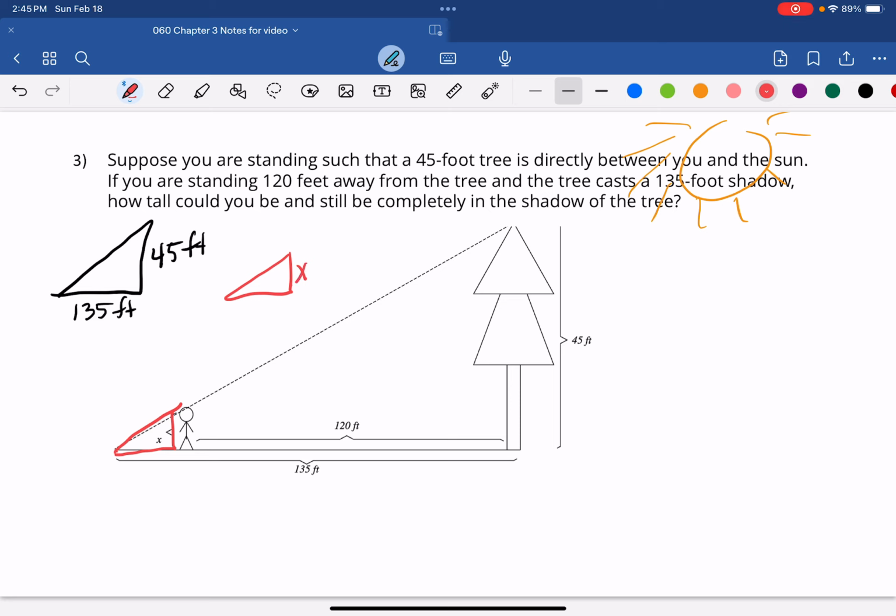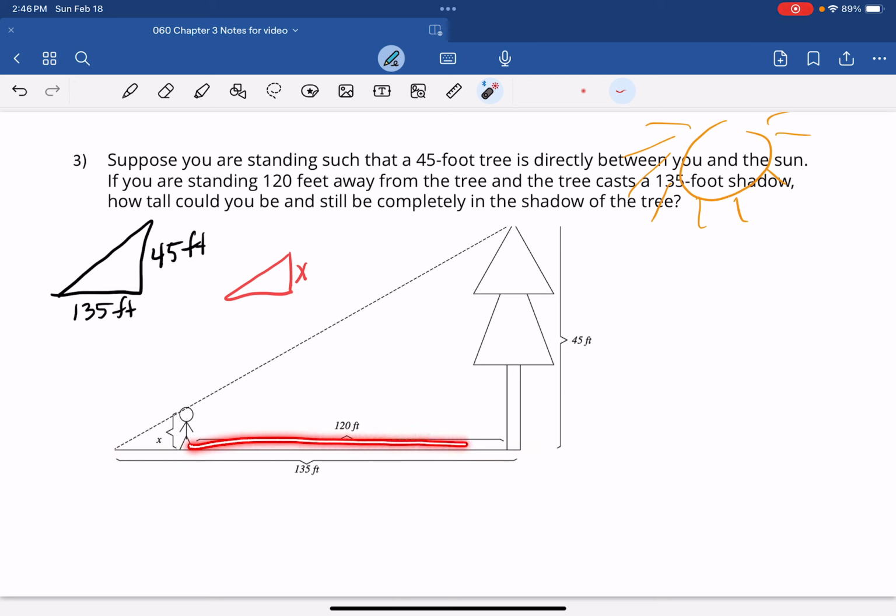We're trying to figure out how tall we should be to make sure that we are in that space, but I don't see any number for my shadow. However, I can find a number for my shadow because if we look at the tree's shadow, we know that from where the shadow ends to where the tree begins is 135 feet.